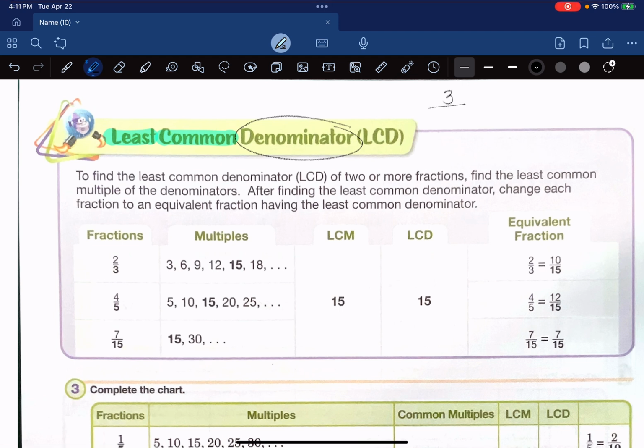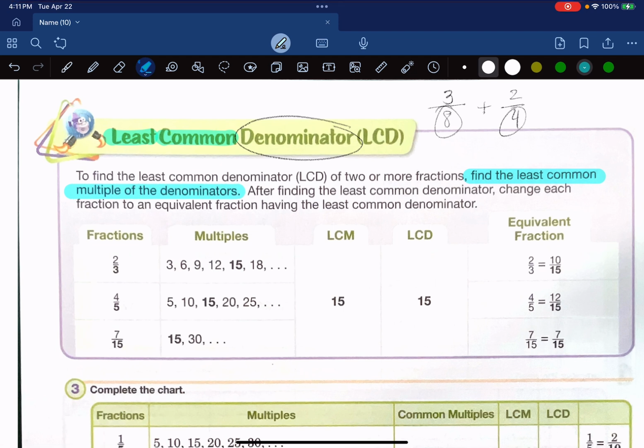So let's say I'm doing 3/8 plus 2/4. I cannot do this because my denominators are not the same. So we have to make them the same. It says in your directions, to find the least common denominator of 2 or more fractions, find the least common multiple of the denominators.